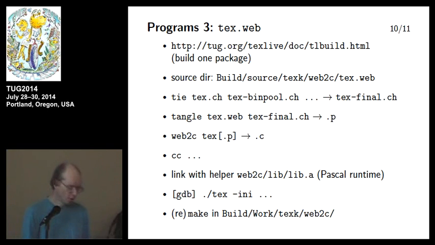So you want to edit a file. You can edit pretty much any source file in the tree, including in the libraries, and then run make again in the work subdirectory, which was the intermediate working directory.